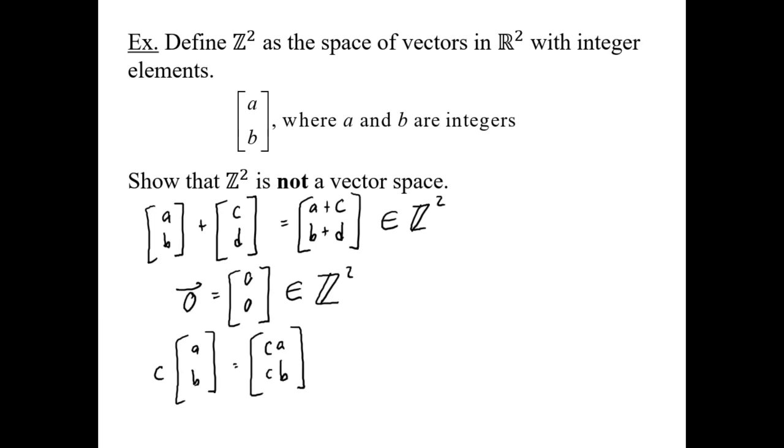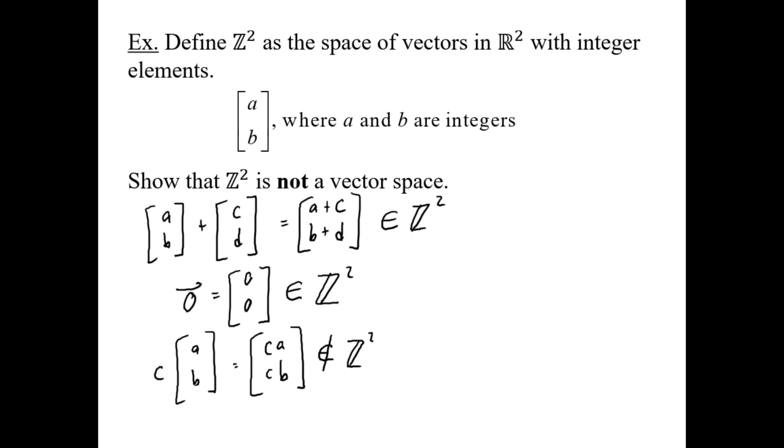And so for that reason, this scalar multiple is not an element of Z squared. And so for that reason, this is not a vector space, right? Sometimes, if something is not a vector space, there's multiple axioms that fail. In this case, it was really only that one. Unless there's something I'm missing, I'm pretty sure that all the other axioms do apply.